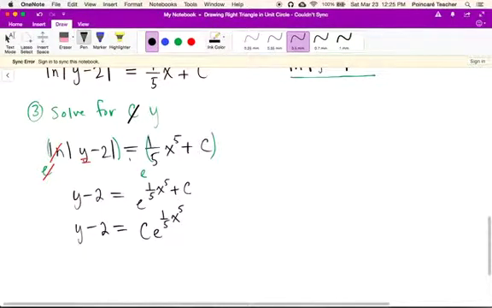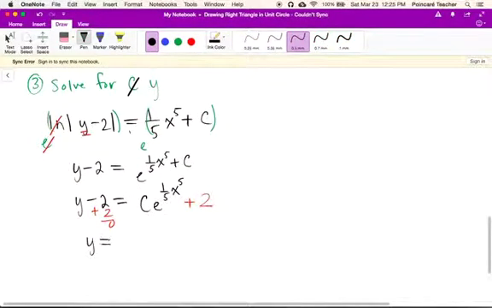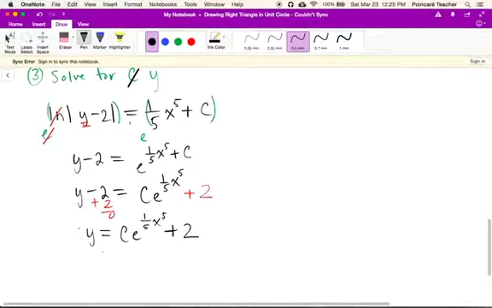Okay, so now remember our goal is to solve for y, so now I can add the 2 on both sides. And so what we have is y equal to c e to the 1/5 x to the 5th plus 2. So in the previous example, we had solved for y as the 4th step, but here we're solving for y as the 3rd step.